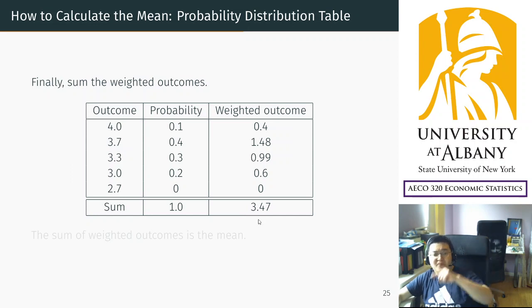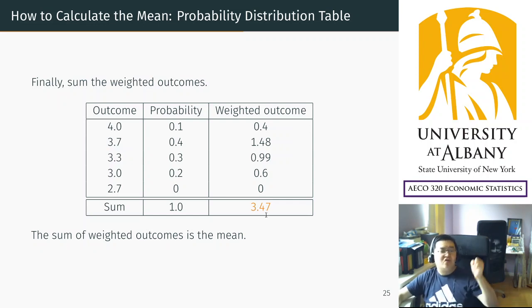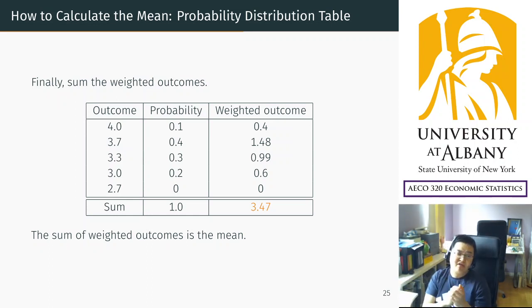It's just a detour, but in the end, it will get to the same number, of course, since it's the same data. But this is useful because in some cases, if you don't have the raw data, but you only have the frequency distribution table or the probability distribution table, you have to use the second method, right? In the homework, in the assignment, if I give you a probability distribution table, you should be able to calculate the mean.